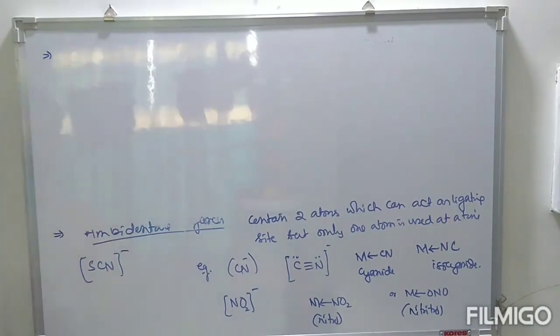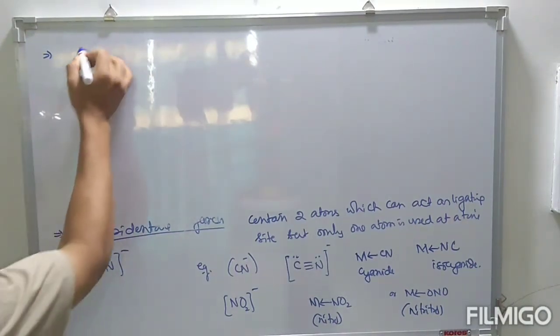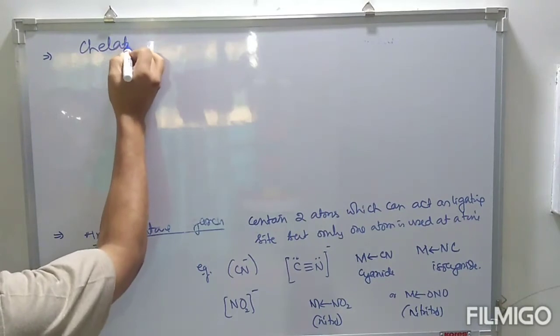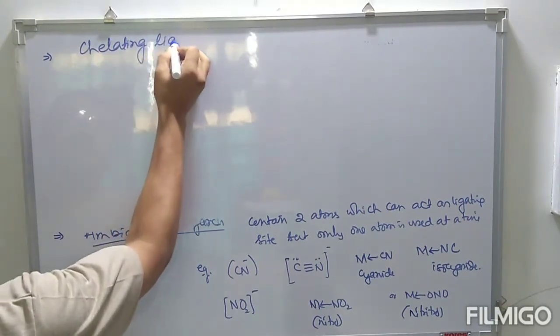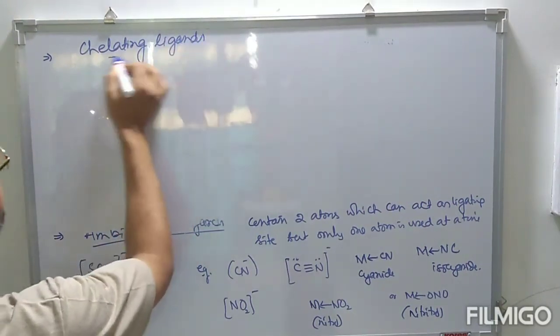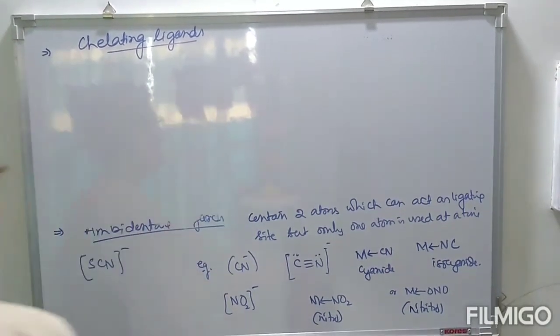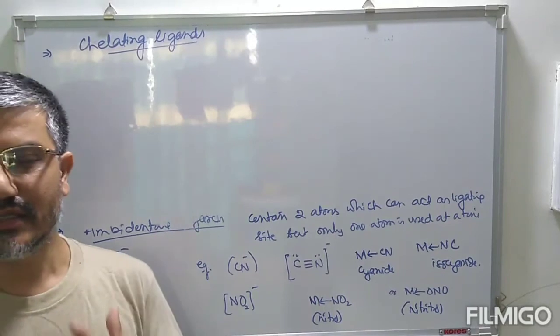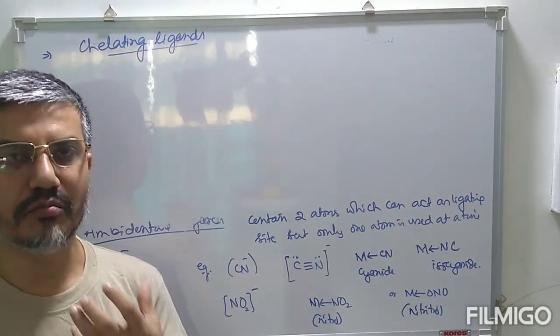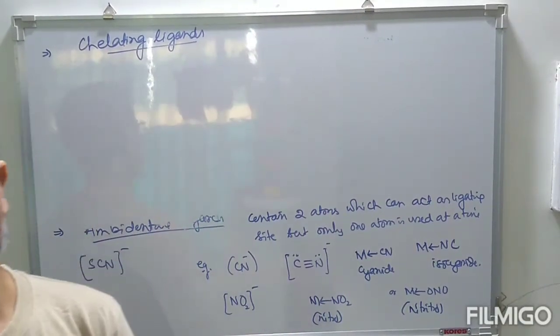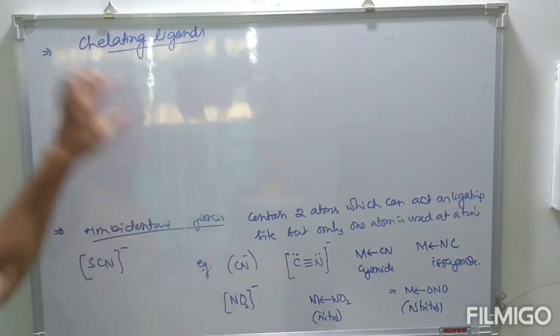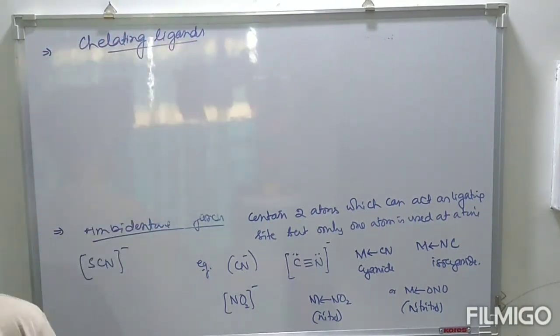Then the next category of ligand is chelating ligand. Coming to the properties of chelating ligands, these are bidentate or polydentate ligands. Monodentate ligands cannot be chelating ligands.